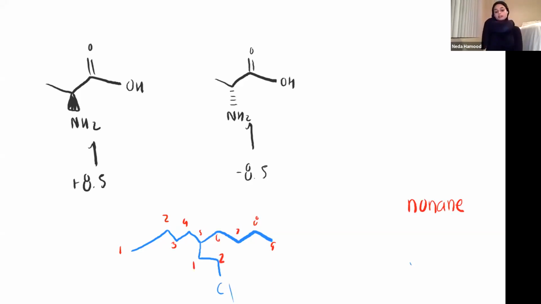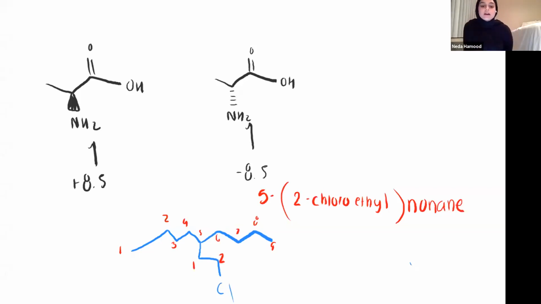We have 2 carbons and then a chloro, so we know that it is going to be an ethyl. This goes in parentheses like this, and we have 2-chloroethyl, and this is happening at carbon 5. So we have 5, then in parentheses 2-chloroethyl, because the chlorine is connected to the second carbon of the ethyl. 5-(2-chloroethyl)nonane. Any questions about that?